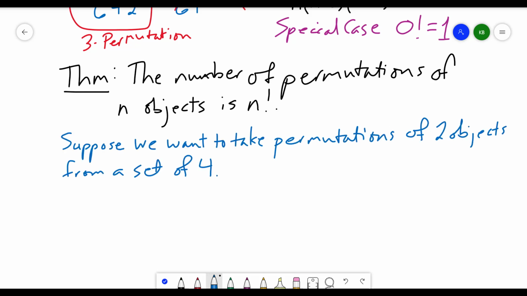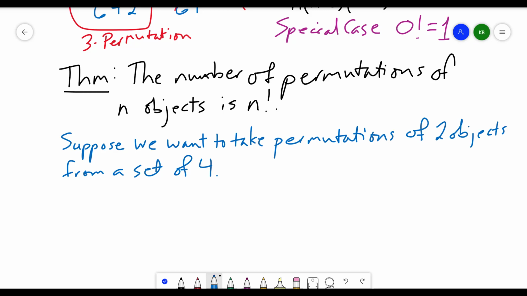So sometimes we want to take permutations of not the entire set of objects. We only want a couple of objects from a possibility of more. And we actually saw that in our password example, where we wanted 2 letters from the possible 26 letters. So we've actually already seen this play out a little bit. So say we wanted permutations of 2 objects from a set of 4.